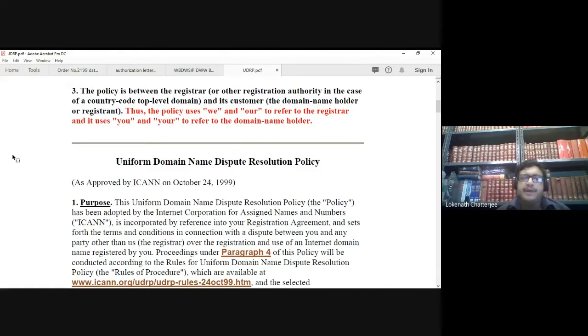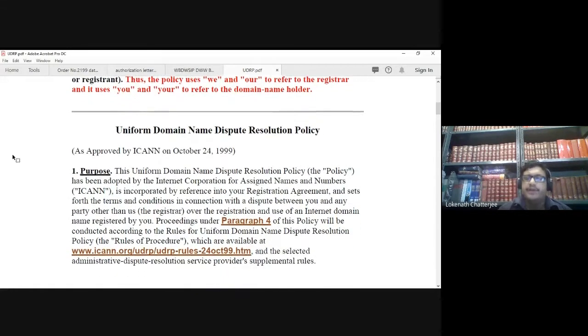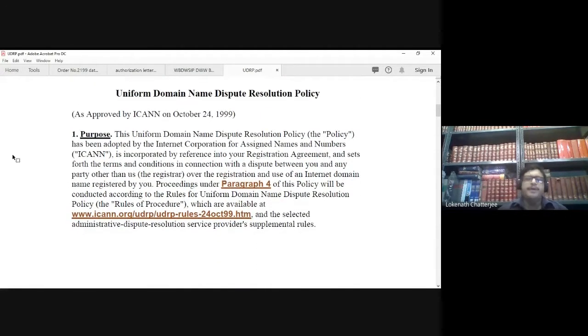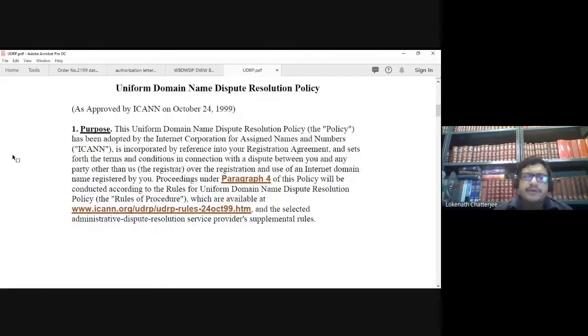Since it's a .in domain, that domain would not come within the ambit of this UDRP. So let's see what is the purpose of this. If you can see on the screen, essentially it is the registration and use of an internet domain.